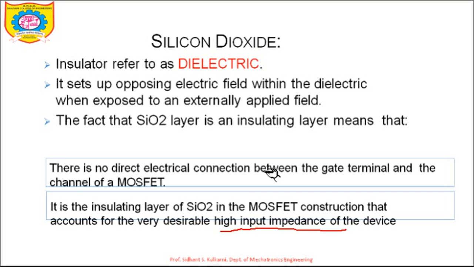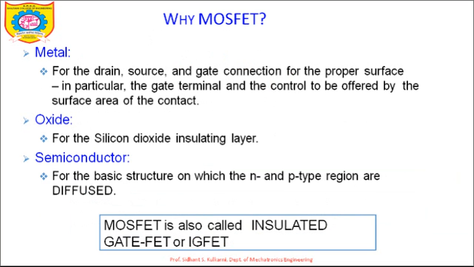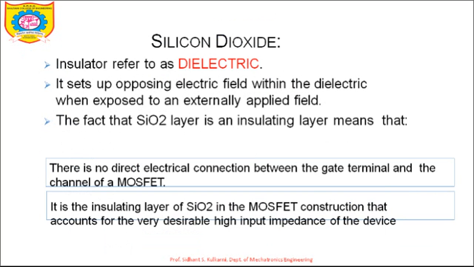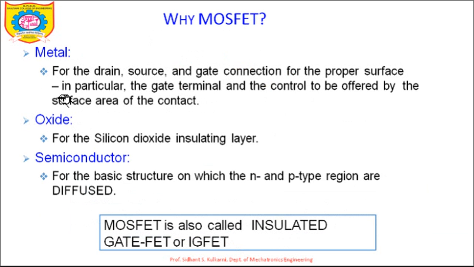Therefore high input impedance is always preferable. So SiO2 serves two purposes. It avoids the direct electrical connection between the gate terminal and the channel of the MOSFET, and it also gives high input impedance.